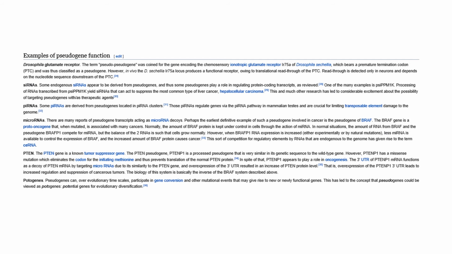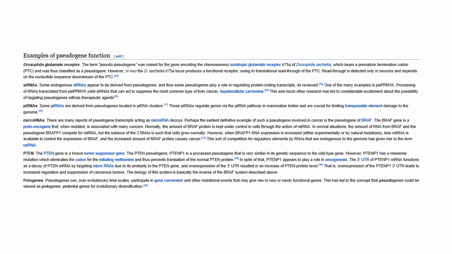But you see that not only are there the short interfering RNAs, which are in the second paragraph of this blurb, those are the siRNAs, but pseudogenes have turned out to give a lot of different types of RNAs, piRNAs, microRNAs, and so on.